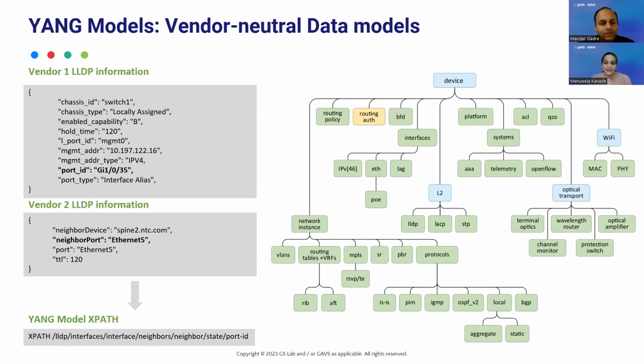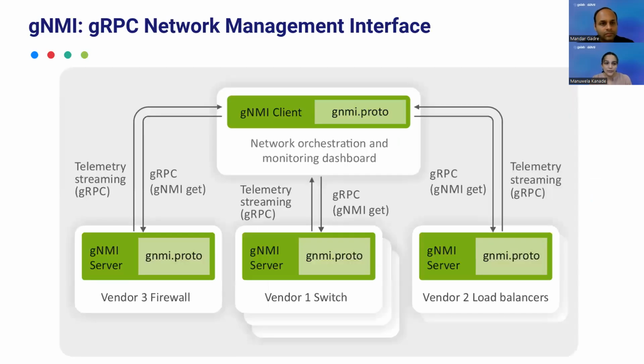Yes, correct. So the vendor neutral data models and monitoring is one aspect, but we need some way to communicate between these management systems and the networking devices. So that's where gNMI comes into picture. It is the gRPC network management interface.